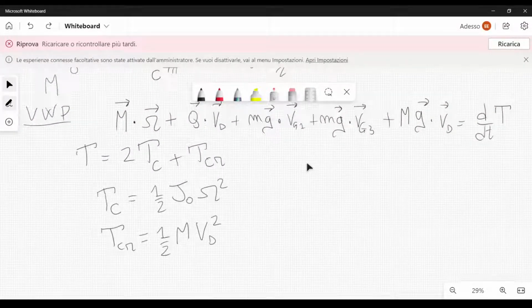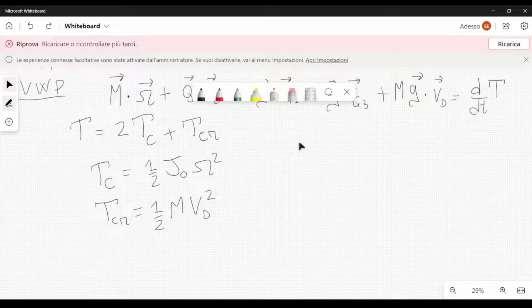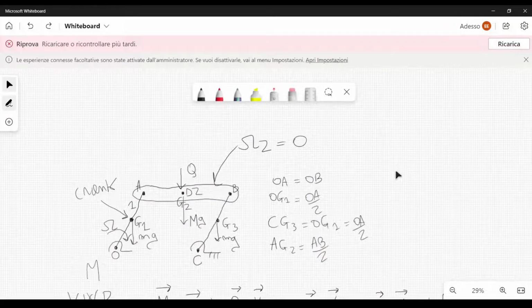Which means that we can simply calculate the kinetic energy like this: 1/2 the mass of the body times the velocity of the center of mass squared. And the velocity of the center of mass, Vd, will be equal to Va, the velocity at the point A, since the angular velocity is 0.